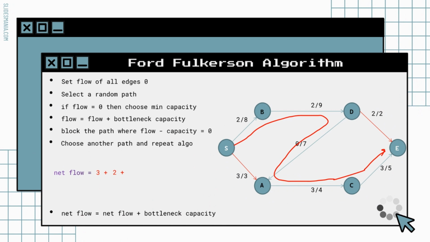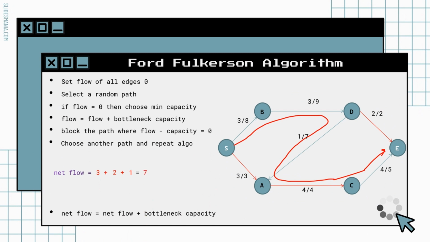Now we have to implement this equation, flow equals flow plus bottleneck capacity. After implementing, we get these revised terms. You can clearly see, for the edge from A to C, the residual capacity is 0. So we have to block this path and add 1 to the net flow.